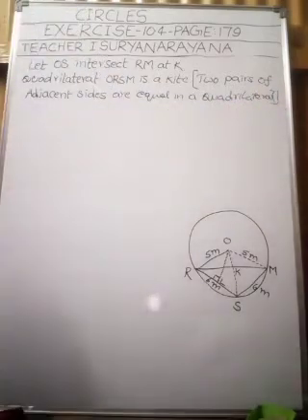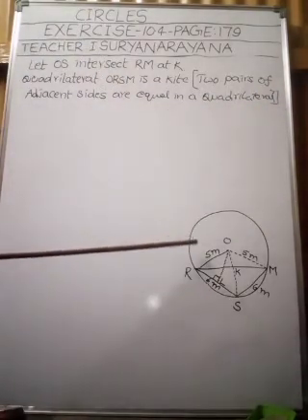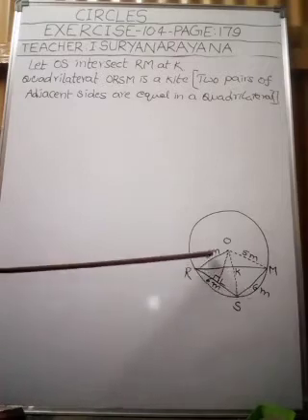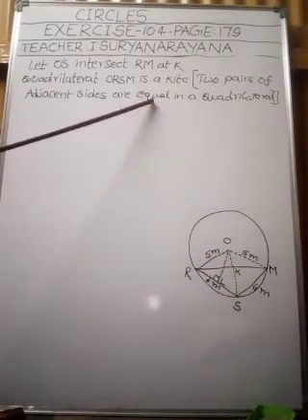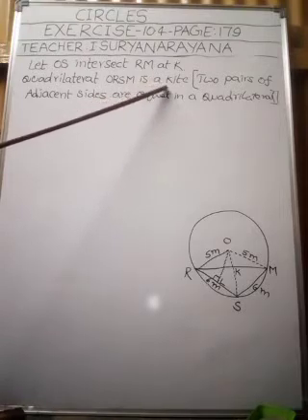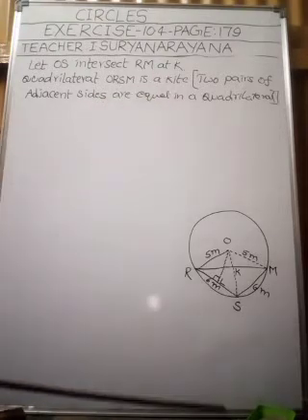In a quadrilateral, if two pairs of adjacent sides are equal, then the quadrilateral is said to be a kite. Understood this point, my children? Why we have written this is a kite, right?